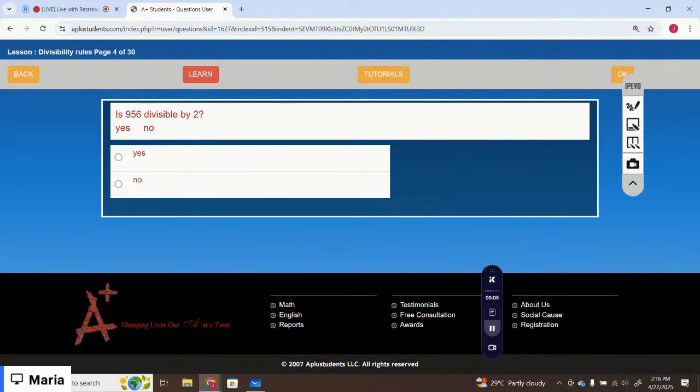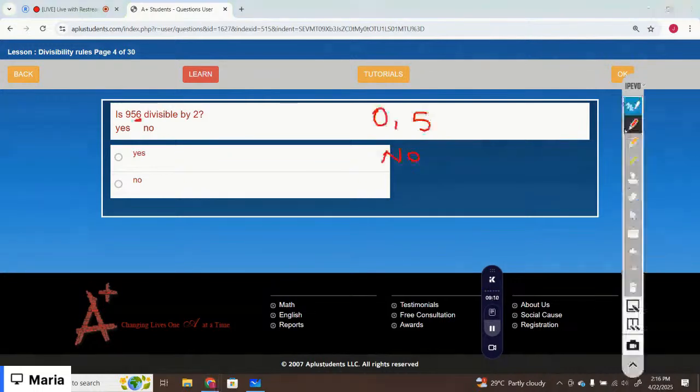Is 956 divisible by 2? The ones digit is 6. And the divisibility rule for 2 is that the ones digit must be 0, 2, 4, 6, or 8.